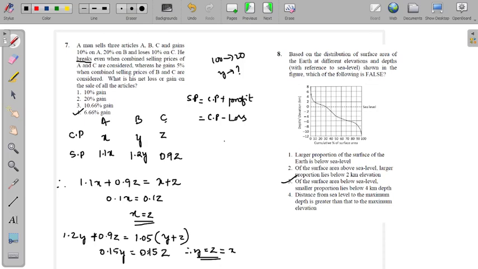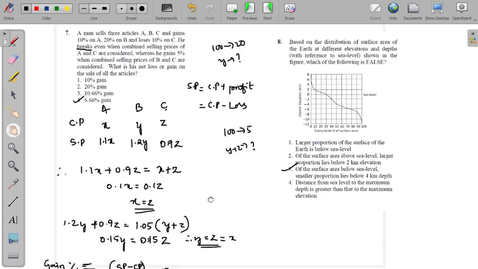For 100 it is 5, so for y plus z, what amount of profit will he get? 5 into y plus z divided by 100, that is 0.05 into y plus z. Plus the cost price, because for the selling price we have to add cost, that gives you 1.05 into y plus z. Now simplify this, that gives you y equal to z, but z is already equal to x, so we get x equal to y equal to z.